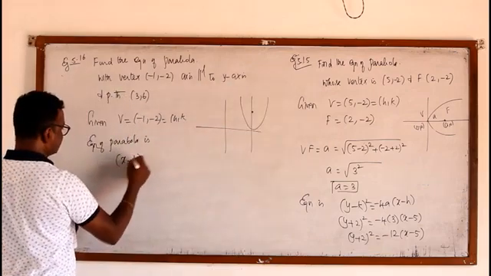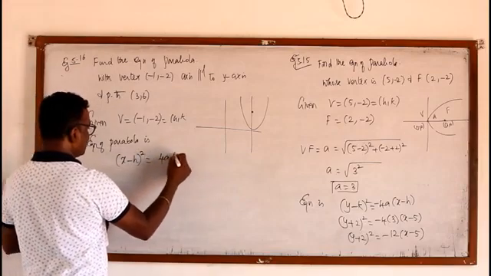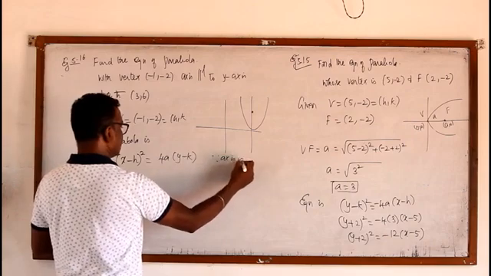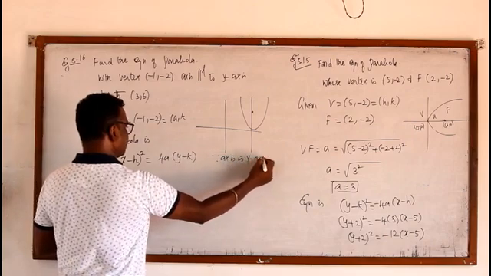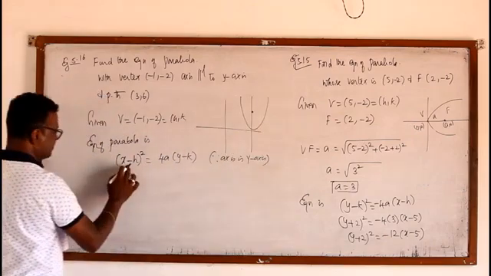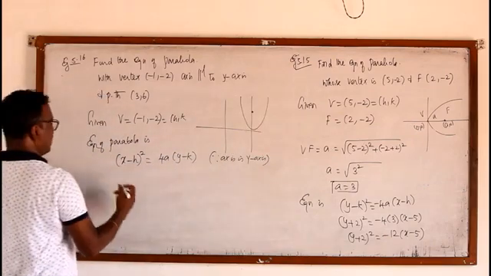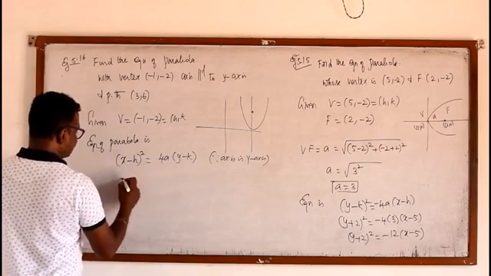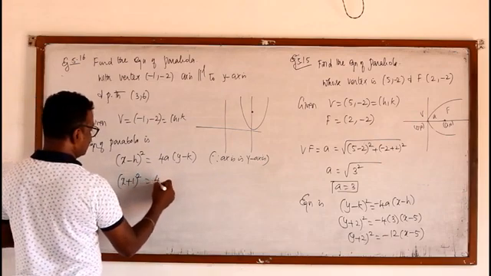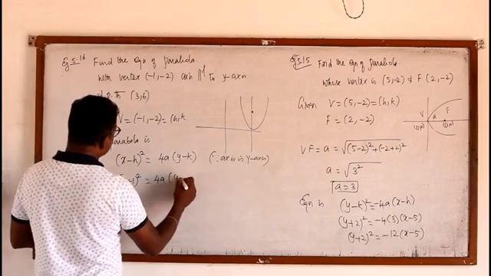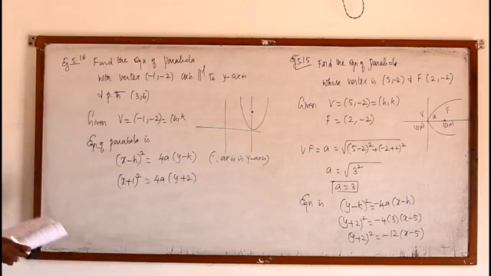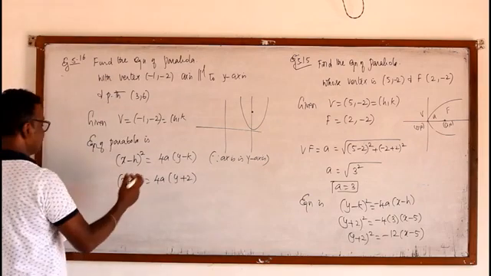So (x minus h) the whole square equal to 4a into (y minus k), since axis is y axis. Now I can substitute for h and k: (x plus 1) the whole square equal to 4a into (y plus 2). Whether it is plus 4a or minus 4a, that will be decided by the curve itself.